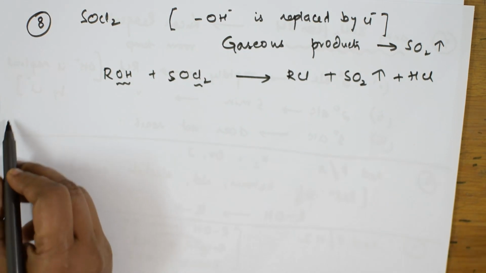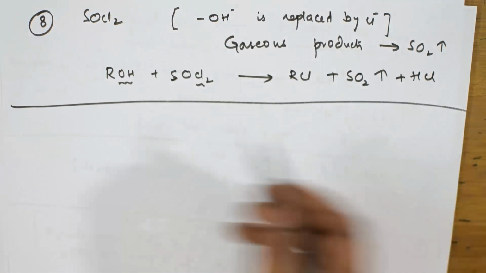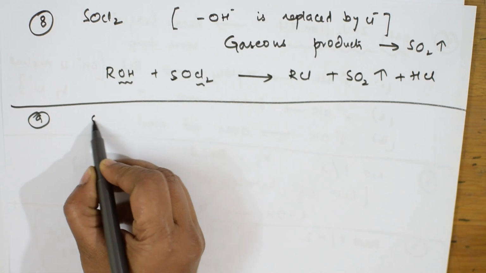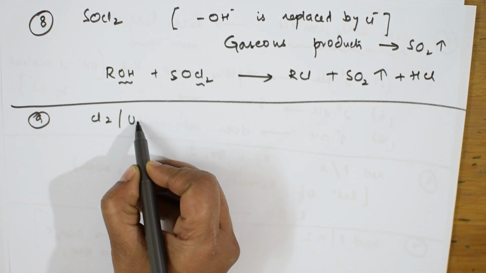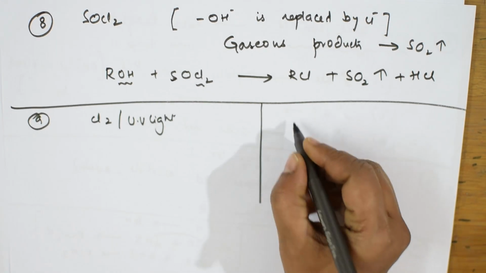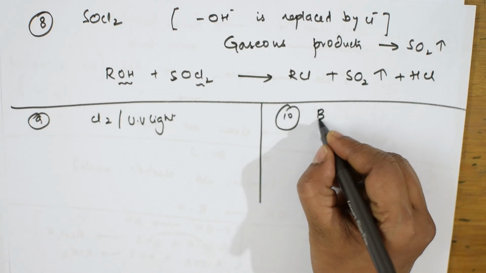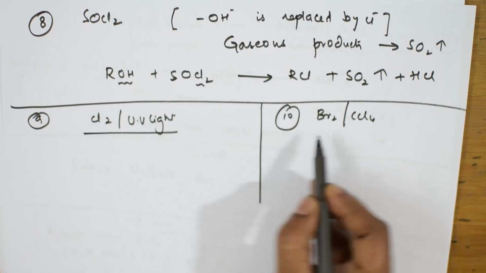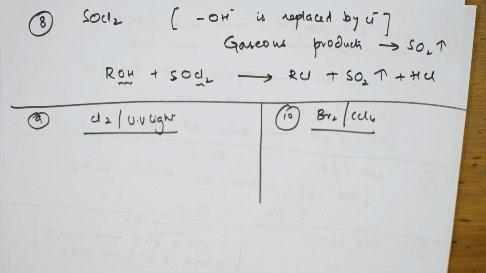Now, suppose in the exam paper, I have 2 more things. Just see this. In the exam paper, let me write it as the 9th one, if I see on the arrow chlorine in the presence of ultraviolet light. The same in the exam paper, the 10th one, if I see bromine in the presence of carbon tetrachloride. This is chlorine in the presence of ultraviolet, bromine in the presence of an inert solvent, that is carbon tetrachloride.